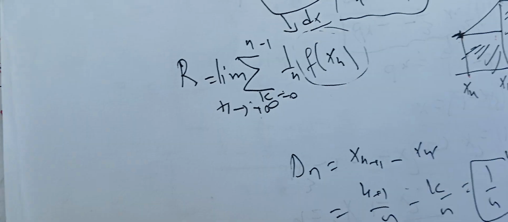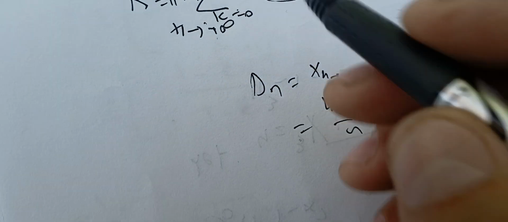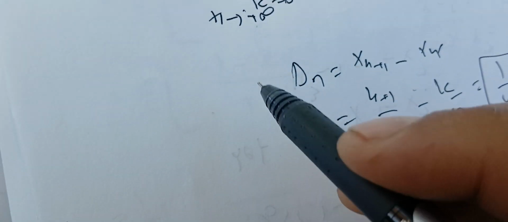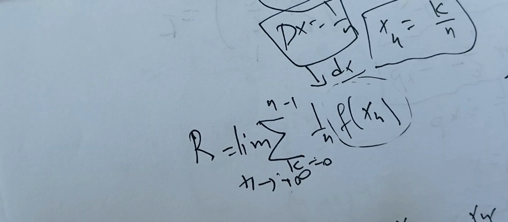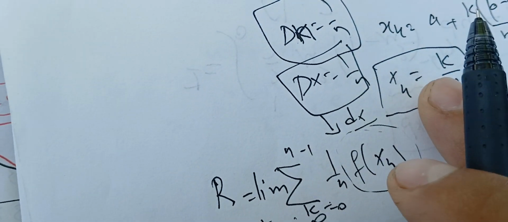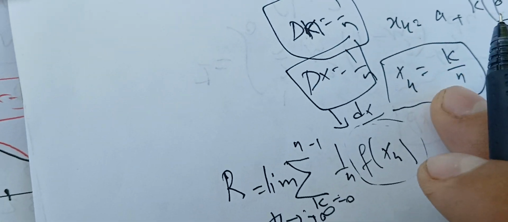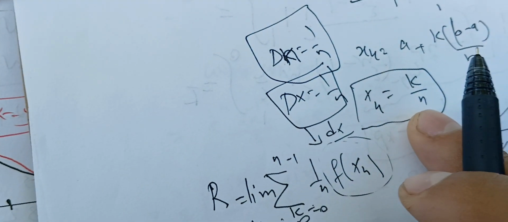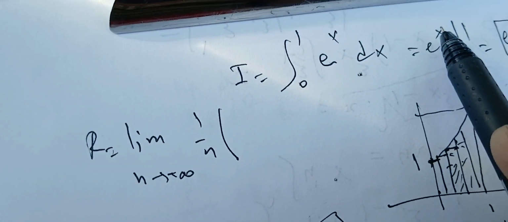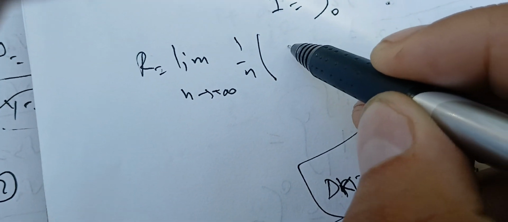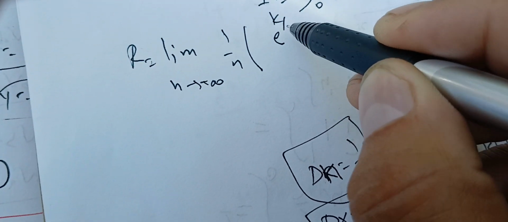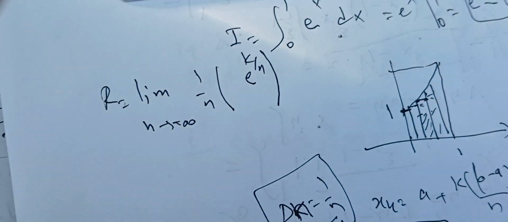So we want to compute this one, but let's simplify it more. Let's go back here: R is the limit as n goes to infinity of 1 over n times f of x_k, and x_k is k over n. And what's f? f is e to the power x. So we have e to the power k over n. Okay?